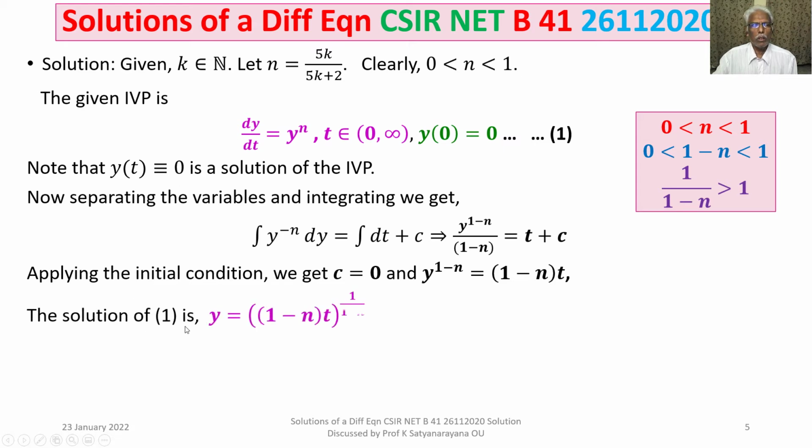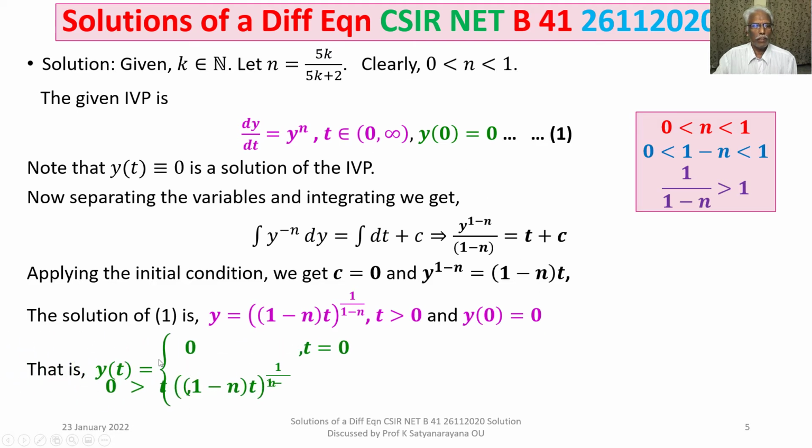The solution of this given initial value problem is y is equal to 1 minus n into t whole power 1 by 1 minus n when t greater than 0, with the initial condition y at 0 is equal to 0. So that is y of t written like this. That is the solution of the given differential equation with the given initial condition.